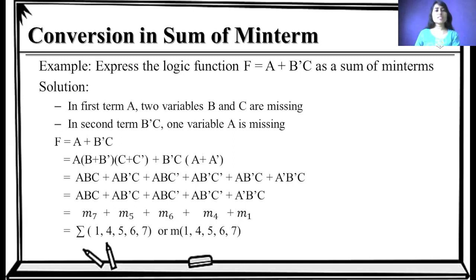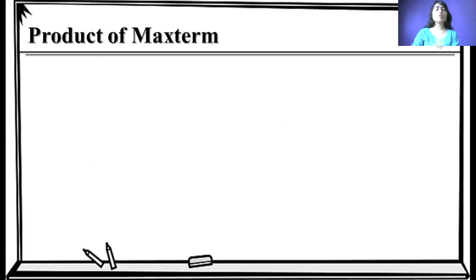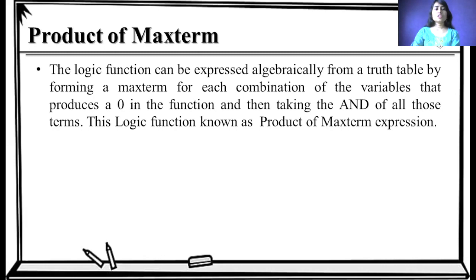Here we discussed sum of min terms. Now let's discuss product of max terms. A logic function can be expressed algebraically from a truth table by forming a max term for each combination of the variables that produced a 0 in the function output.